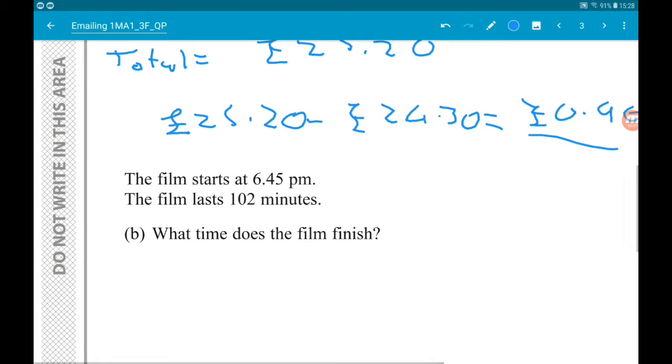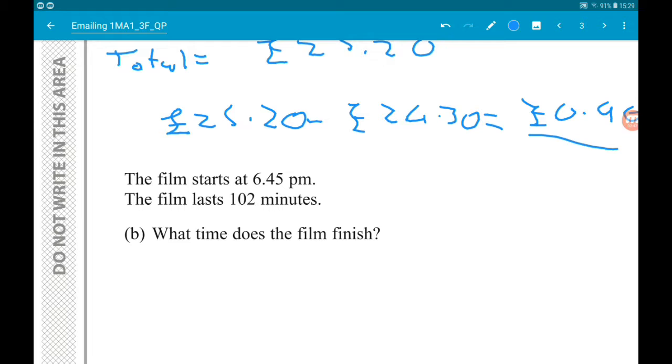Okay, then for part B, we are told that the film starts at 6:45 p.m. The film lasts 102 minutes. What time does the film finish?